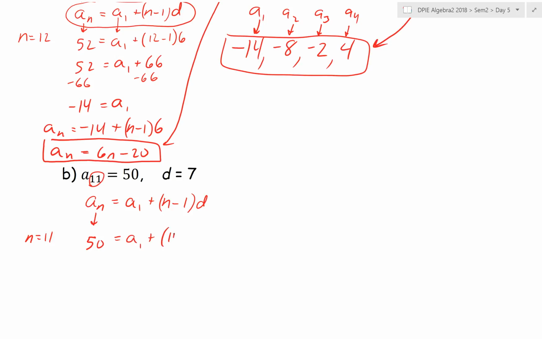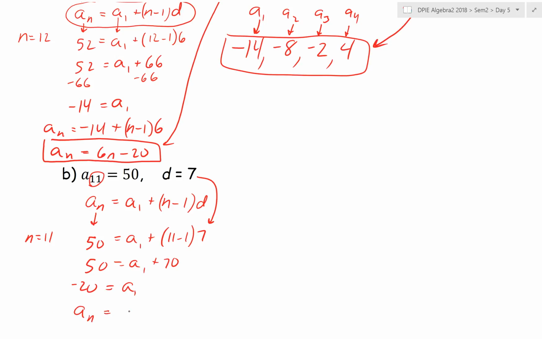N is 11, so we have 11 minus 1, and our common difference is 7. So now we have 50 equals a1 plus 70. Subtract 70 from both sides. a1 equals negative 20.